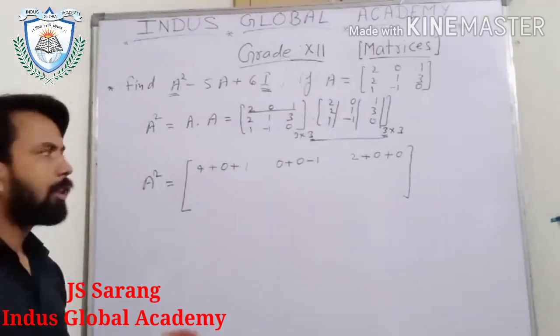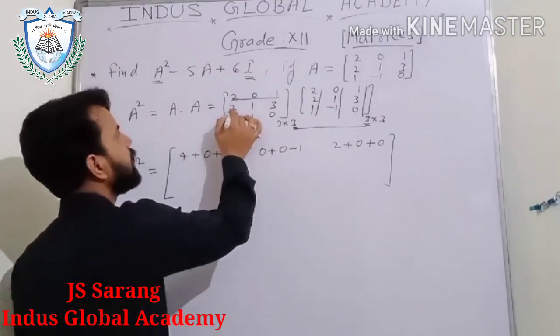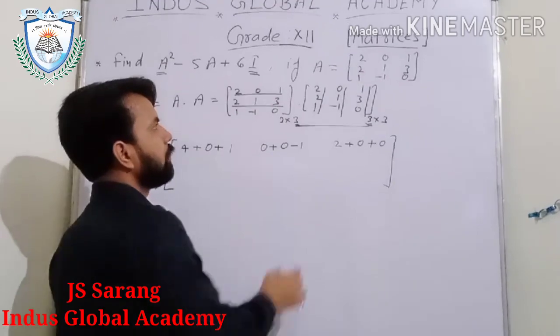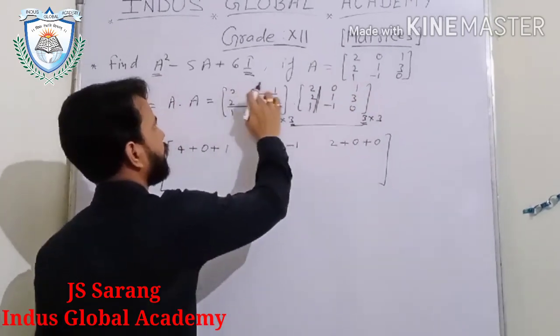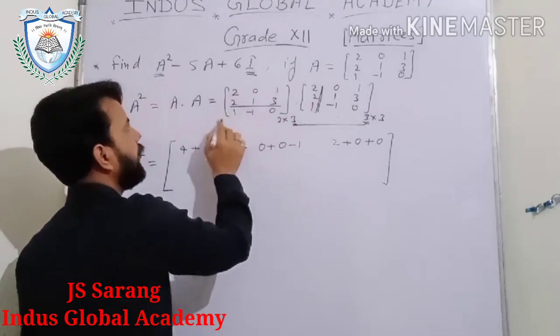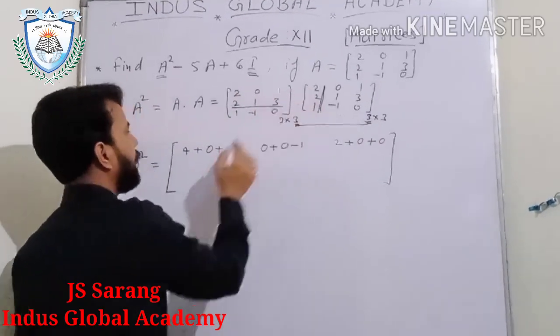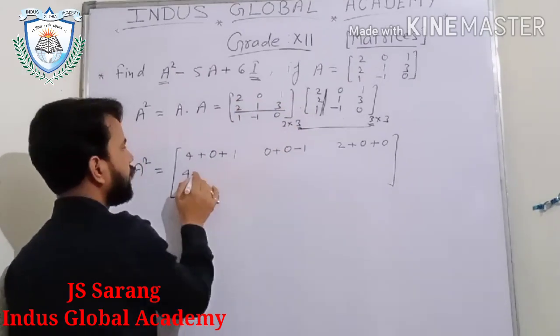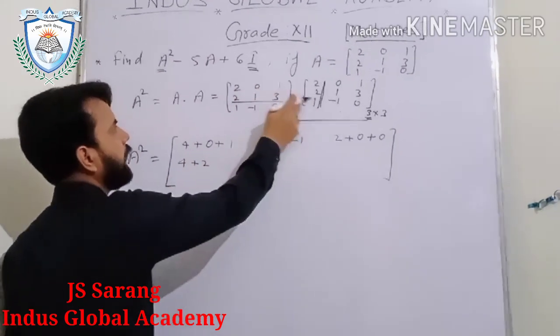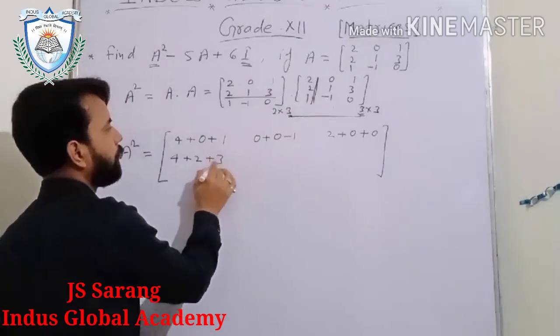Clear? Now we will multiply the second row of the first matrix by the first column of the second matrix. So 2 is multiplied by 2, so it will be 4, plus 1 into 2, that is 2, plus 3 into 1, that is 3.